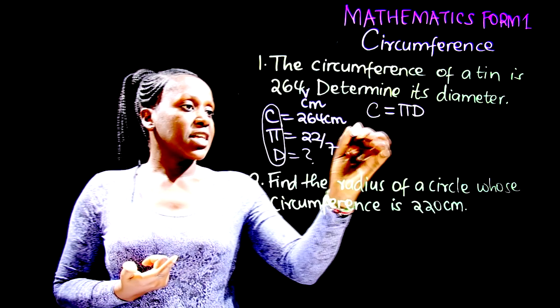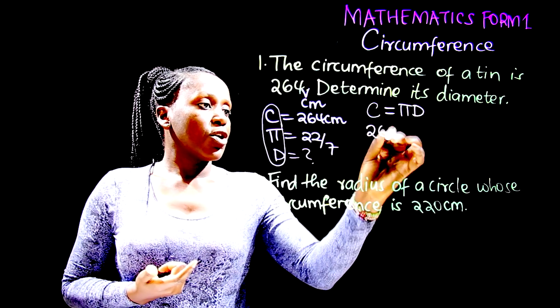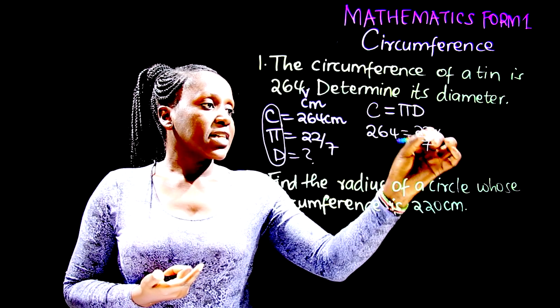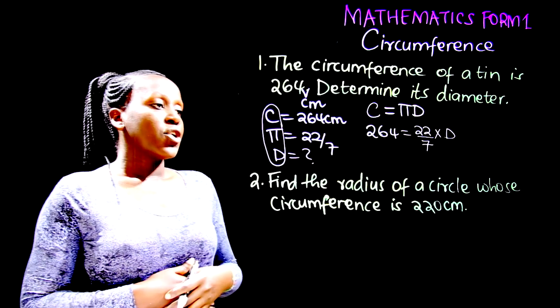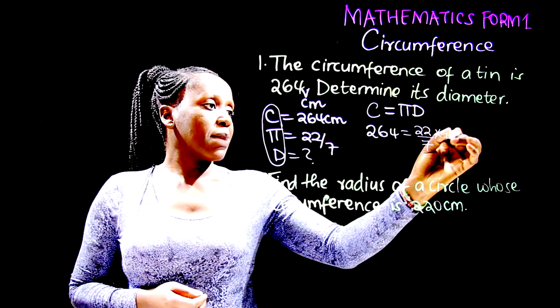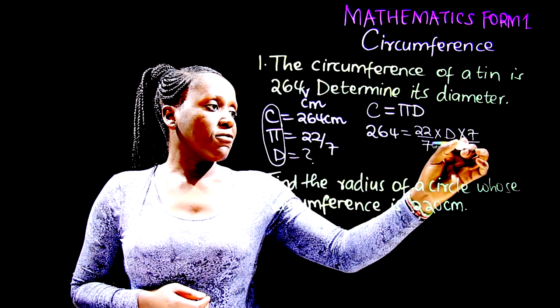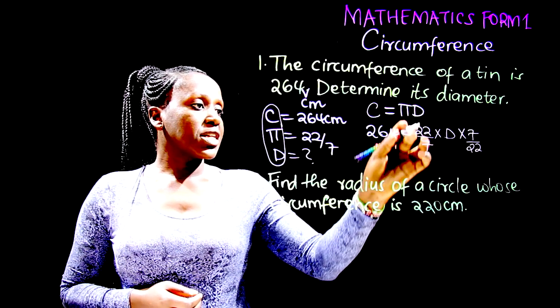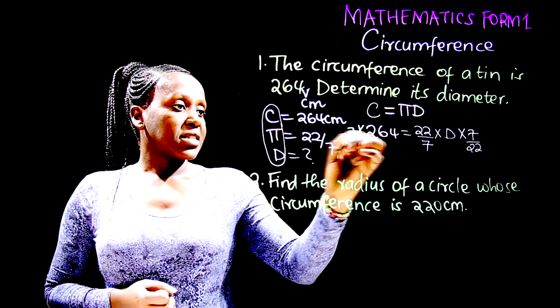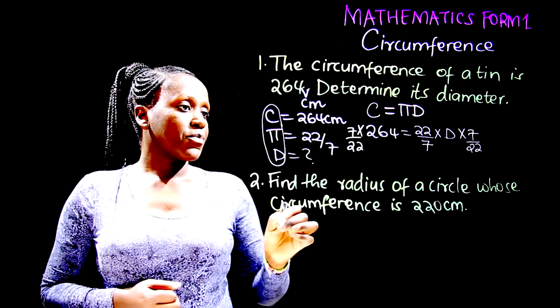The circumference is given as 264, which is equal to pi, 22/7, times the diameter. So for us to obtain the diameter, we have to multiply both sides by 7/22, which is the reciprocal of 22/7. So multiply by 7/22.